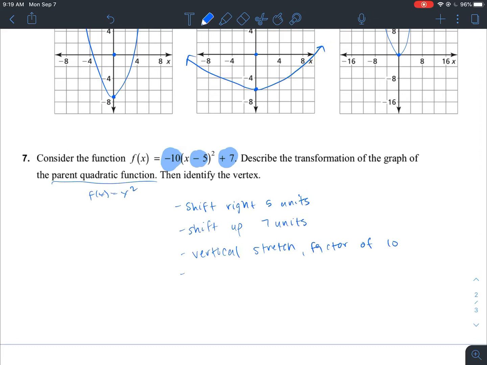And then we have a negative outside being multiplied, so that means a reflection across the x-axis, or you can say a vertical reflection. Okay, so really not too bad. Again, we're just talking about principles that we've already covered before, but we're applying them to the quadratic functions, and it works out pretty similarly.